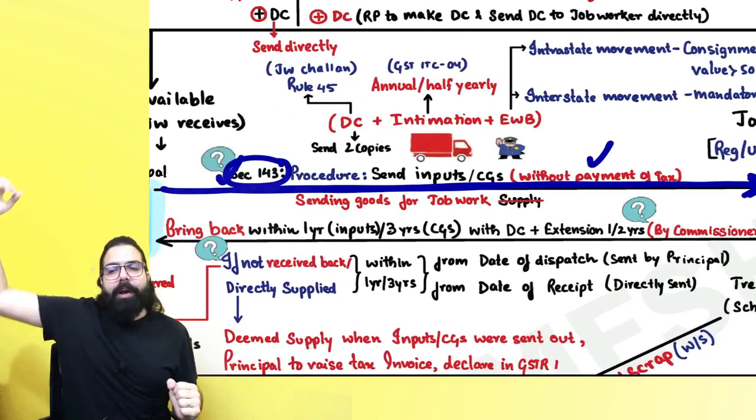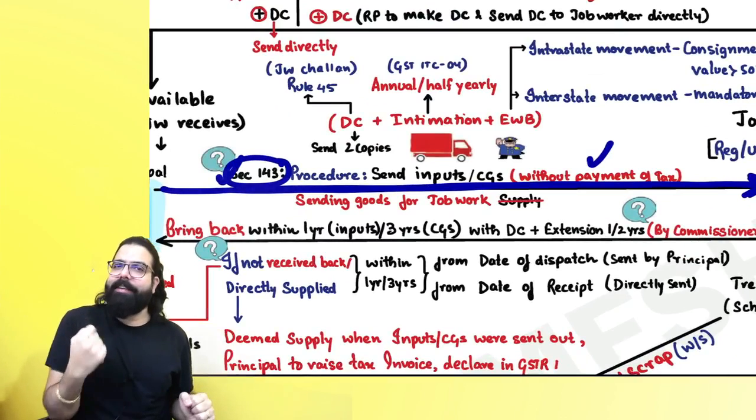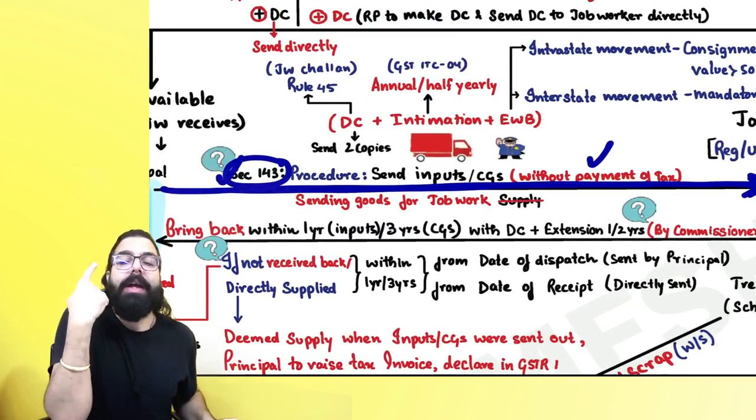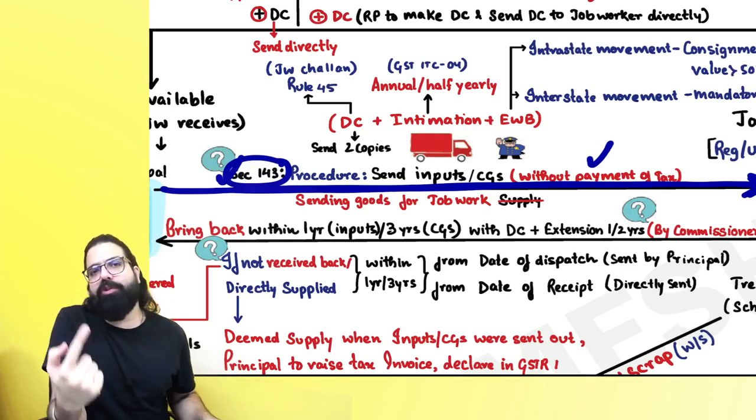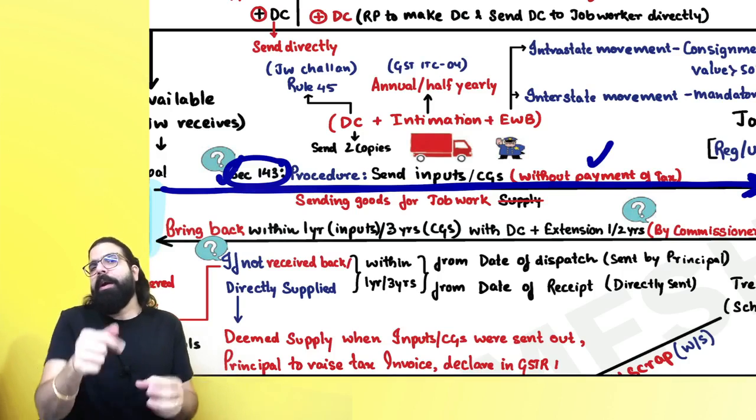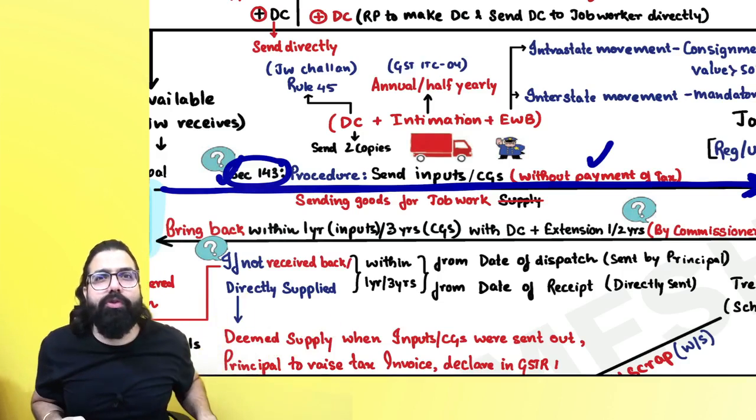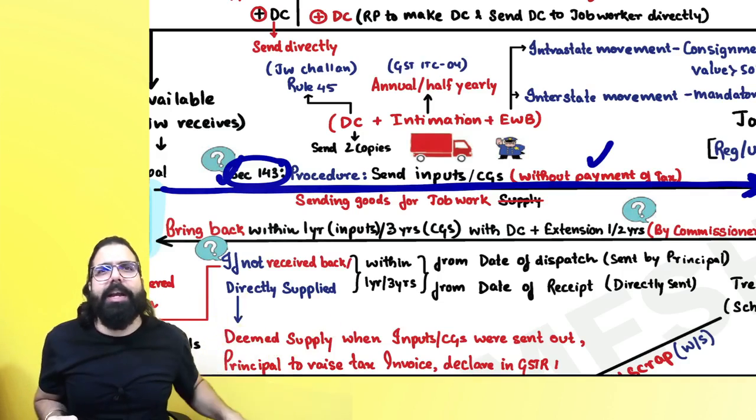I bought inputs and capital goods, so I can take the ITC. That is told by section 19: when you send the goods for job work, you can take the ITC. But you should follow the section 143 procedure.